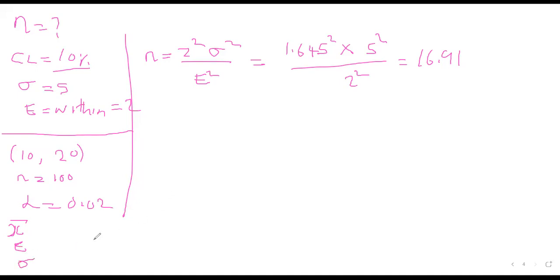So if you're given a confidence interval, we know that mean is equal to the lower bound plus the upper bound divided by 2. So our lower bound is 10, our upper bound is 20, divided by 2. So this 30 divided by 2, what do we get? 15.